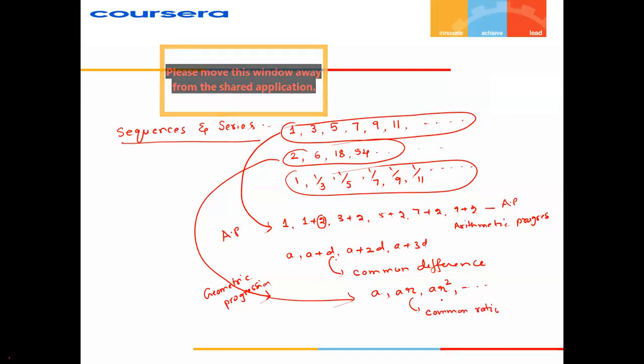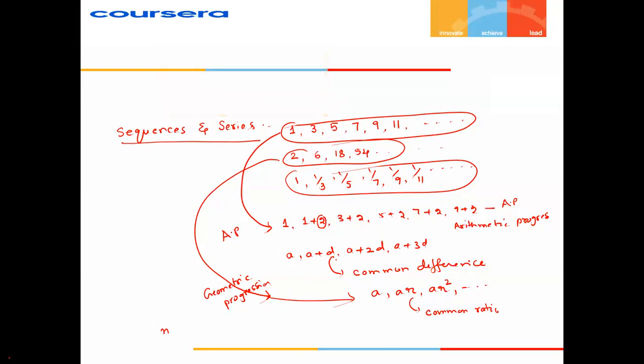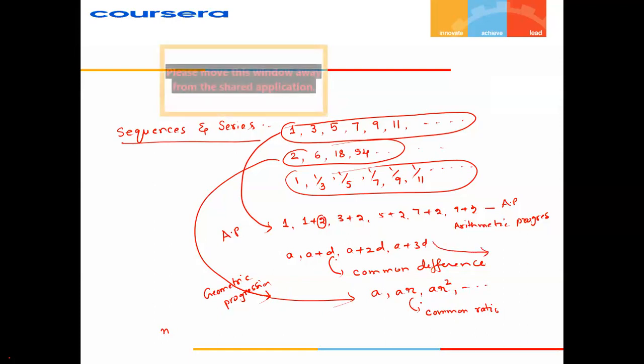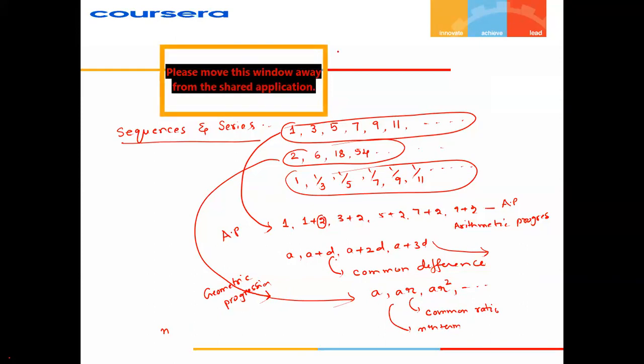Now, a small question for us. In this, what will be the nth term? Any guess? First one, what is it? Very good, Aditya.